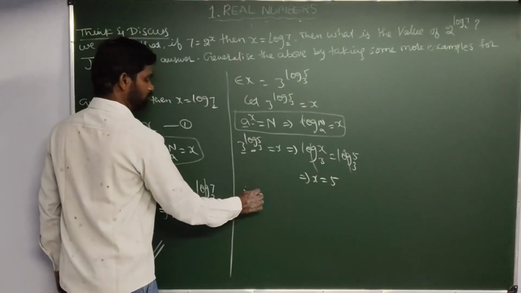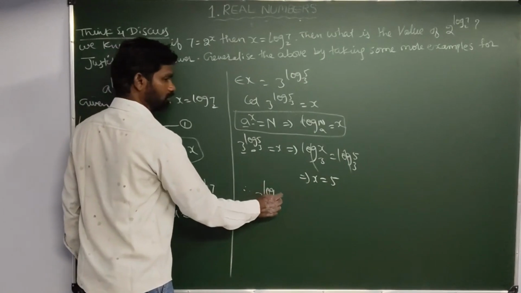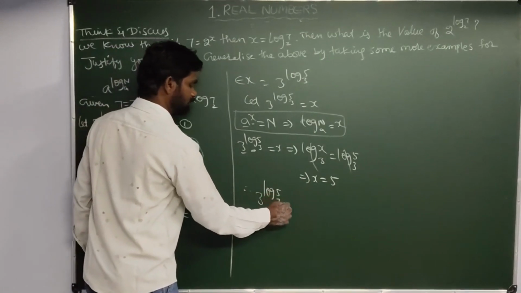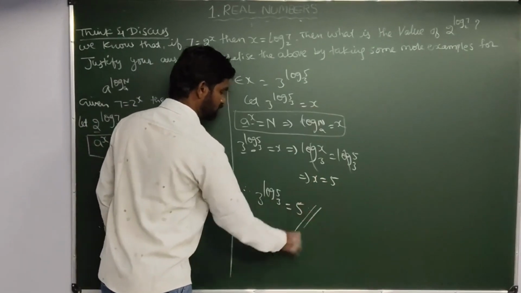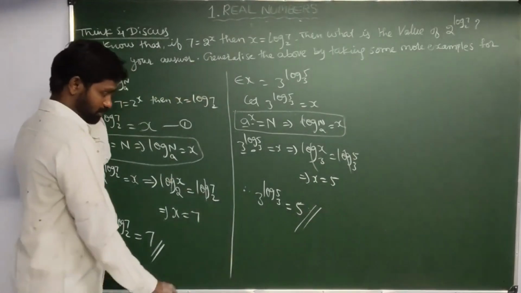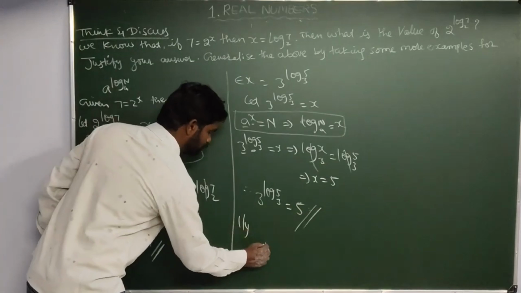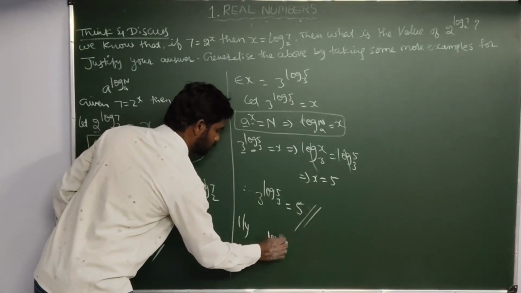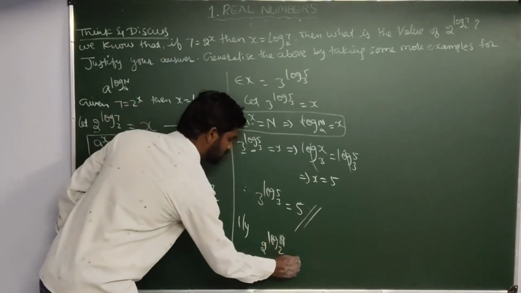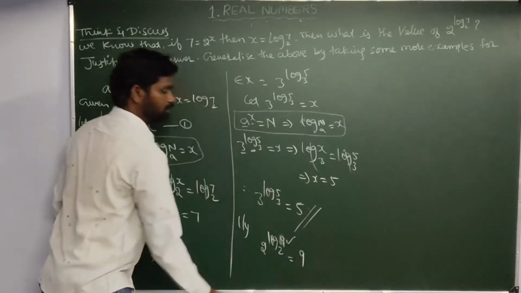So therefore we get 3 power log 5 base 3 is equal to 5. So this is the answer. So if you observe, similarly we can prove 2 power log 9 base 2. So what is our answer? We get this answer only, right?